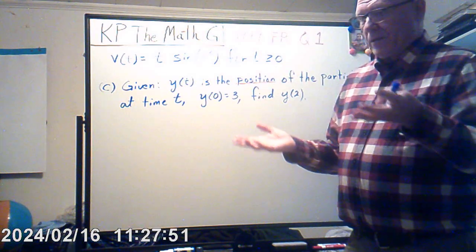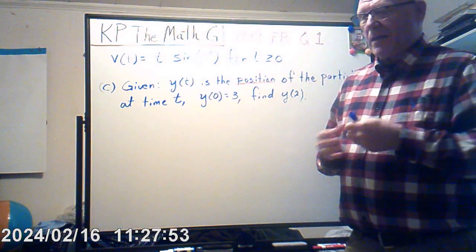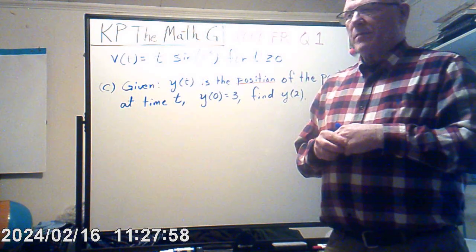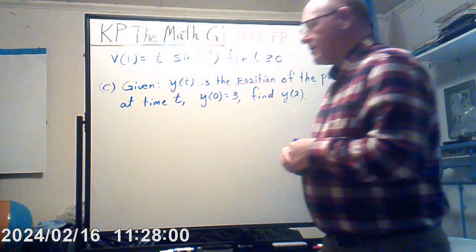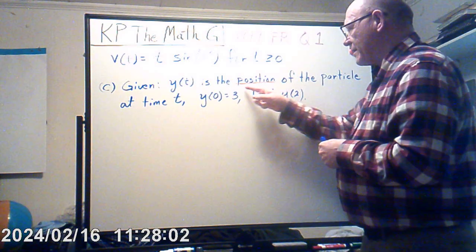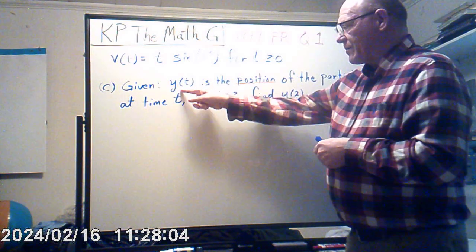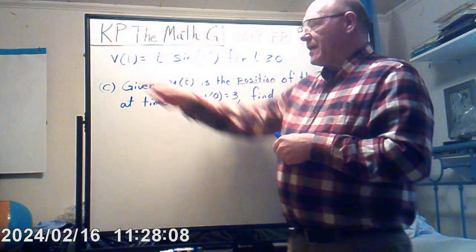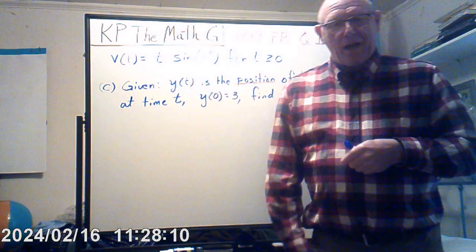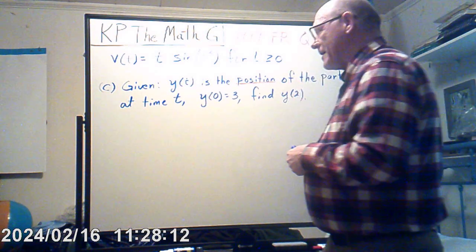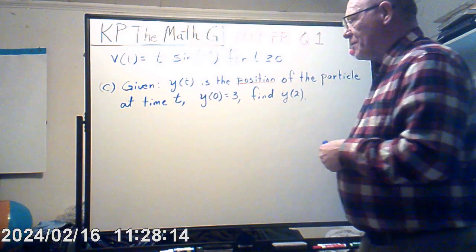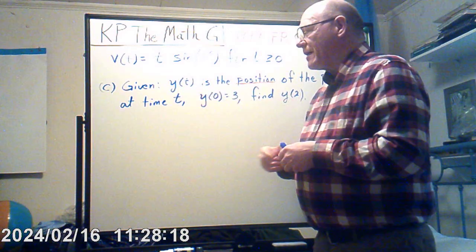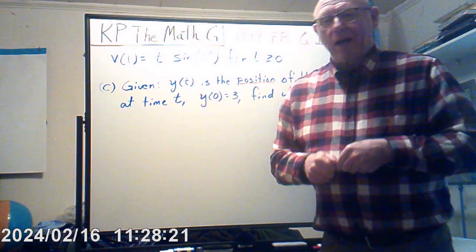If we took the derivative on part B, that was to find the acceleration. But at part C, we're to find the position, y at t. We have v at t, so to get y at t, we need to take the antiderivative.